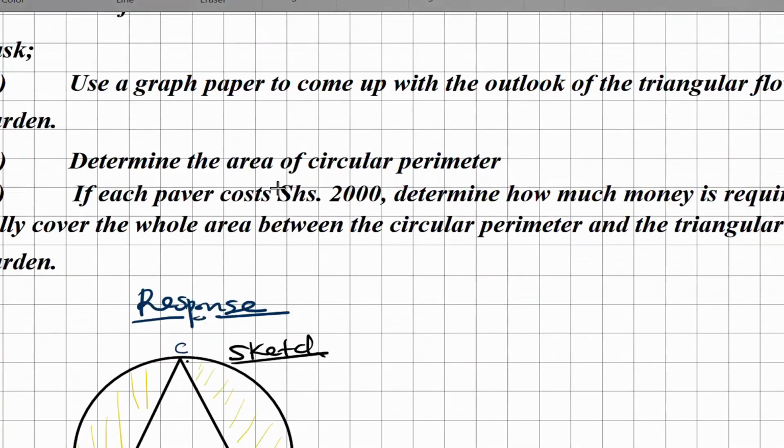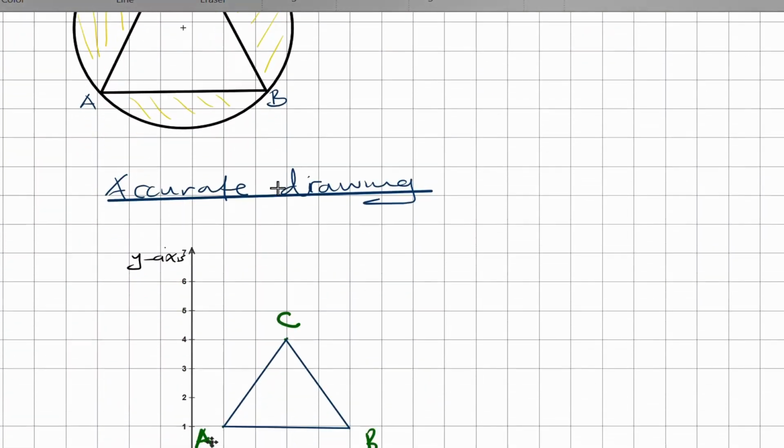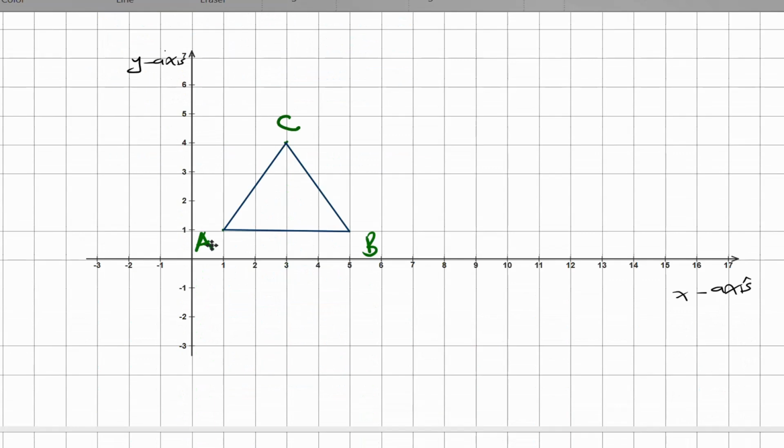So now we are going to draw a circular perimeter. We are going to circumscribe this triangle we have. Here we can bring a compass and draw perpendicular bisectors. I draw an arc there, also there. Then from there I don't adjust, I just transfer to point B. Then I draw an arc, and also down this way I draw an arc.